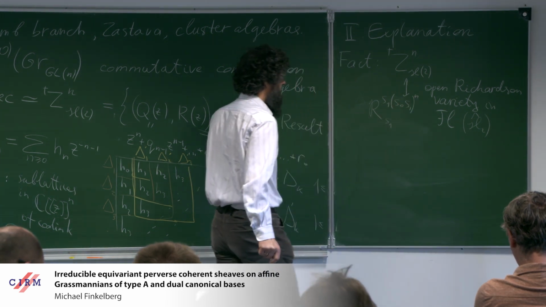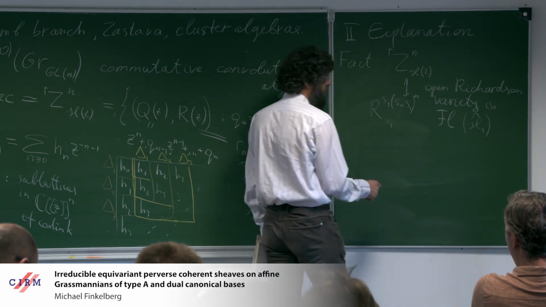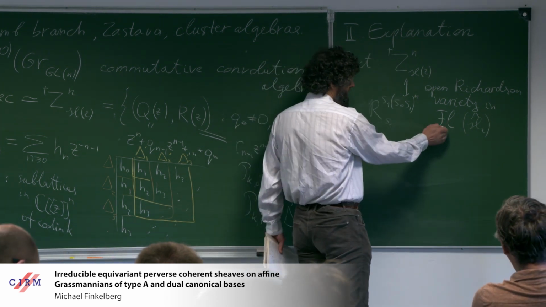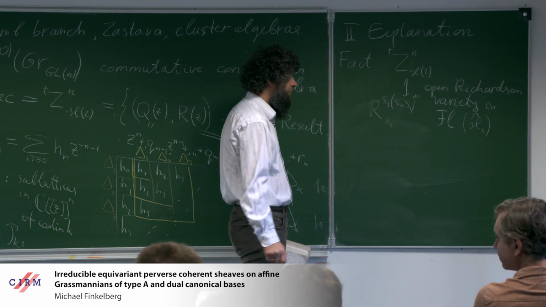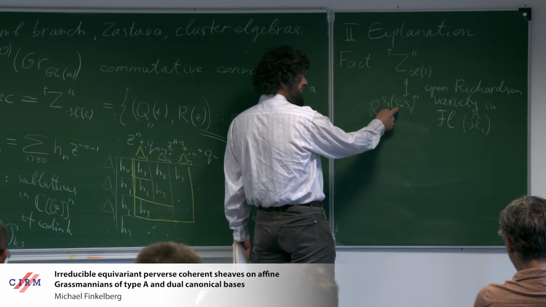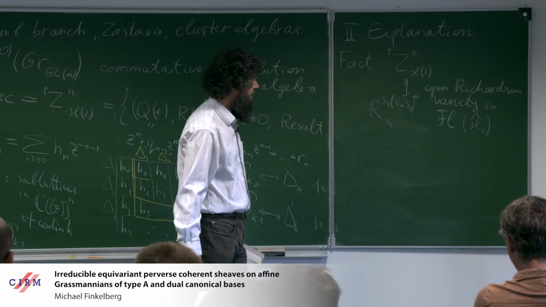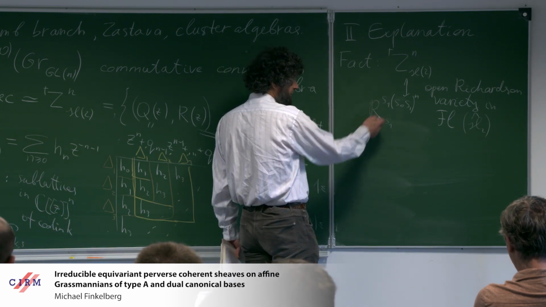Let me explain what I mean. The torus fixed points of the affine flag variety are numbered by the affine Weyl group, and the affine Weyl group of SL2 hat is generated by two simple reflections, S0 and S1, and these are the fixed points in question.